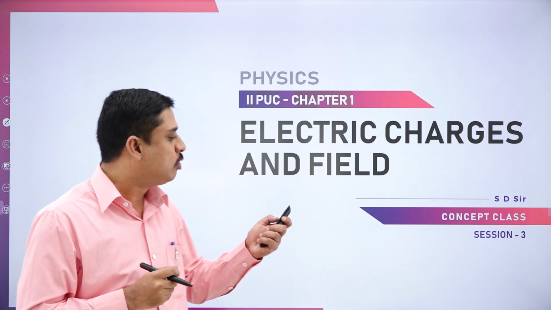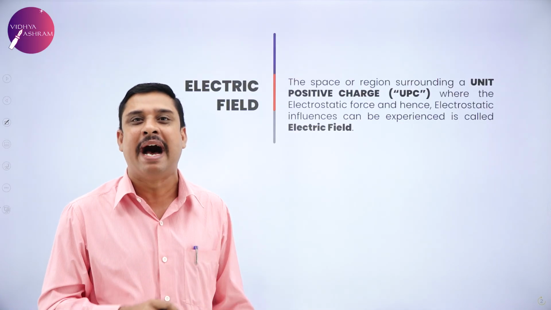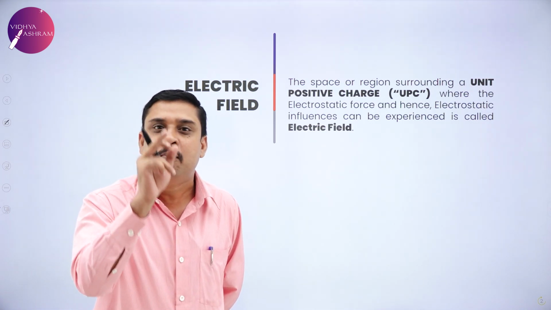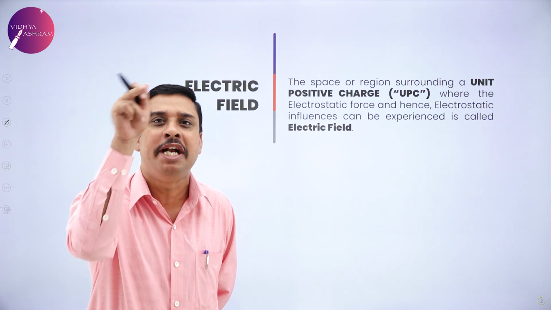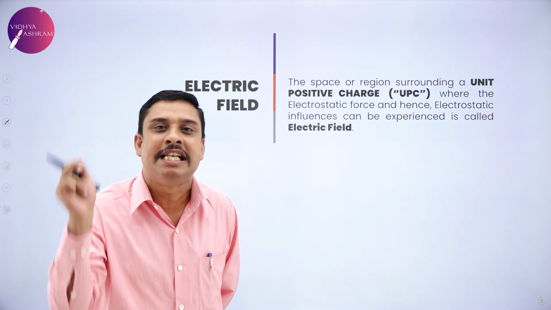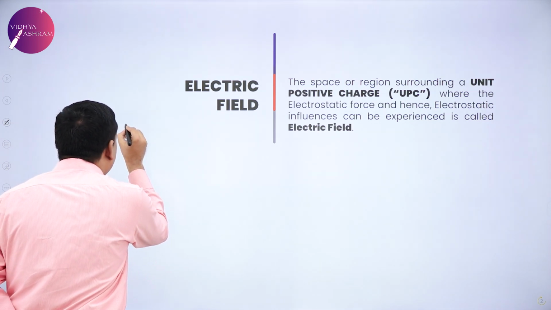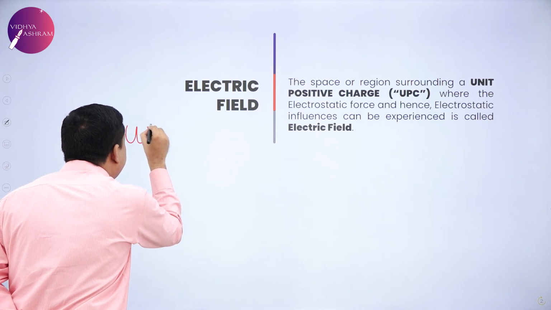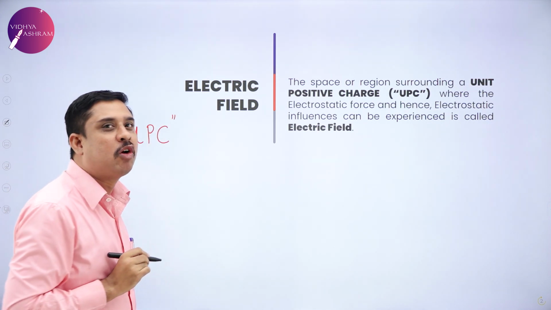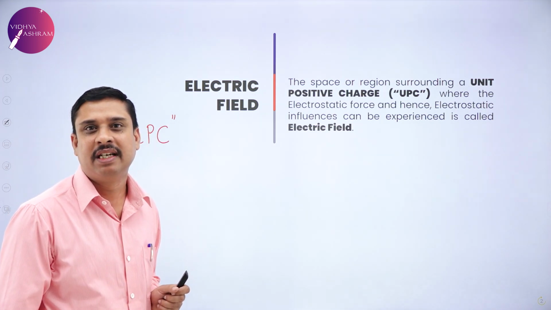So we now start understanding what is meant by electric field. Before I go into depth understanding what is an electric field, I would introduce a very important term, something called UPC.